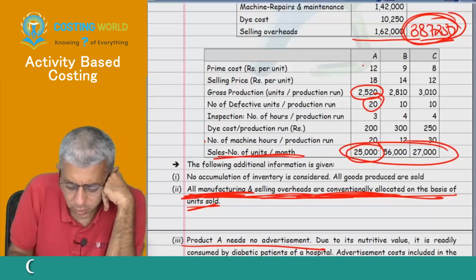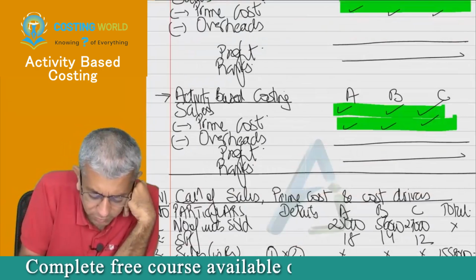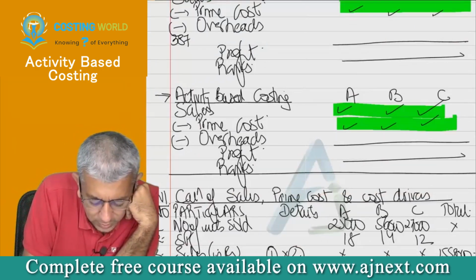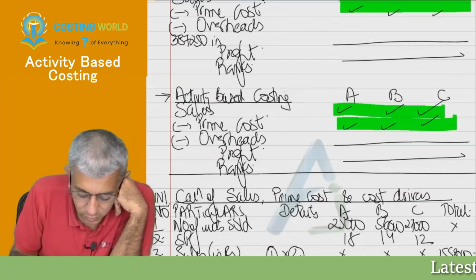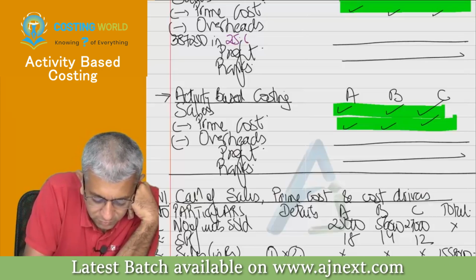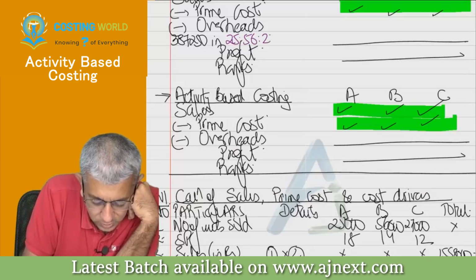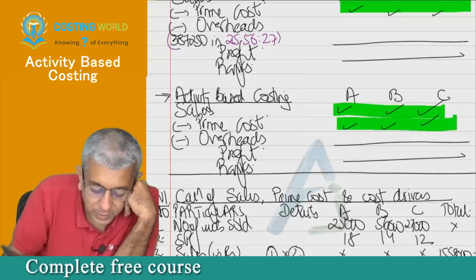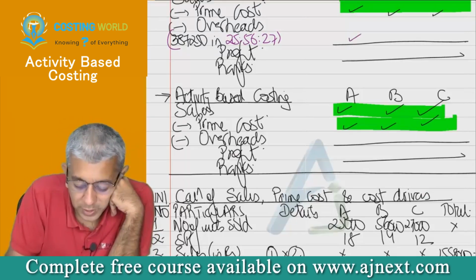These are the number of units sold. So over here you will write down 387,250 in the ratio of 25 is to 56 is to 27. Please divide 387,250 in this particular ratio.